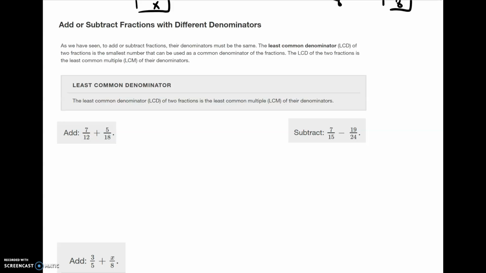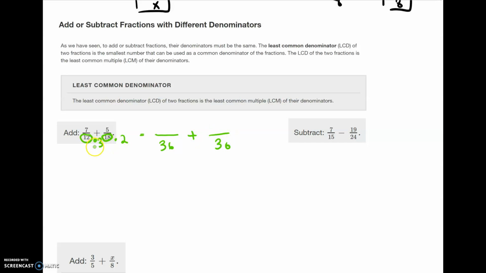I don't have to multiply both. Since they don't have the same denominator, I do have to find one. And the common denominator would end up being 36. The way that I can get this is by multiplying 12 by 3 and by multiplying 18 by 2. And that would give us 36 for both denominators.